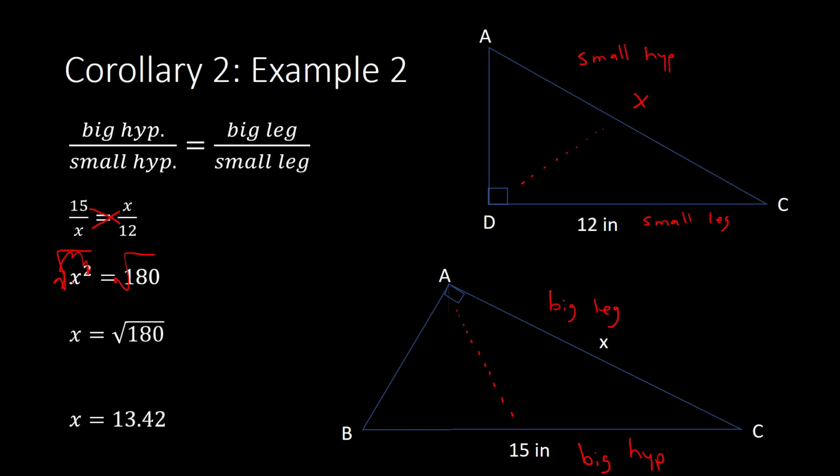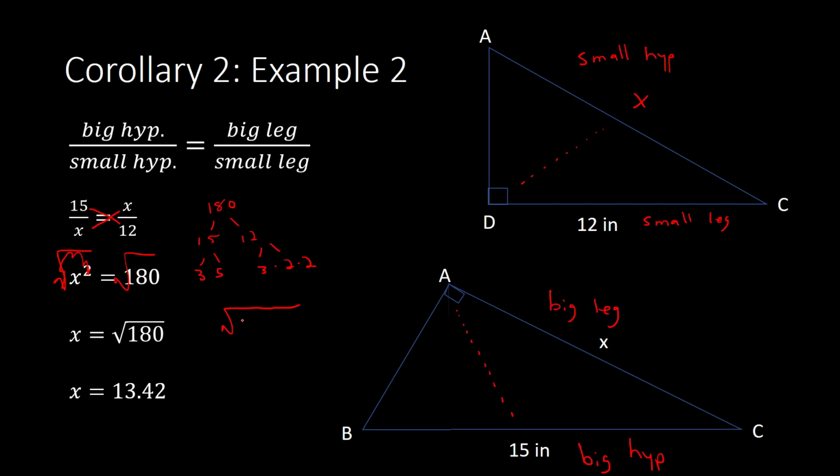And the square root of 180, if you use your calculator, you'd get 13.42. And if you were to write it with the radical and just simplify, 180 was 15 times 12. So I can break this down. 15, I get 3 times 5. 12, I'd get 3 times 2 times 2.